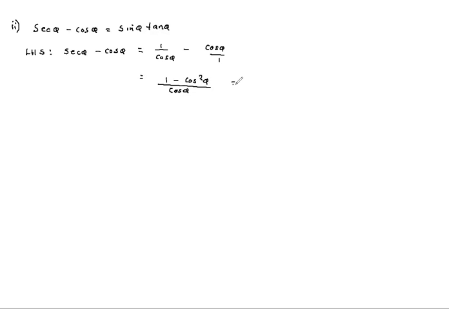But this will give us what? This will give us sine squared theta on top over cos theta. Remember, this identity is coming from sine squared theta plus cos squared theta is 1.